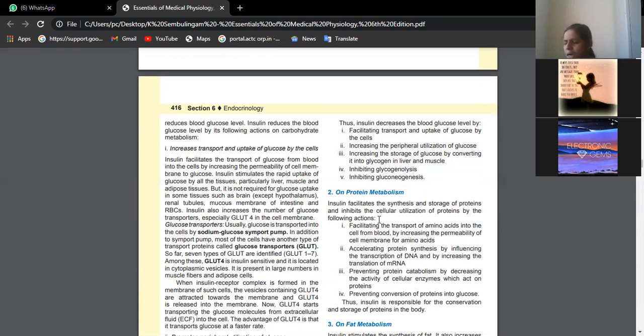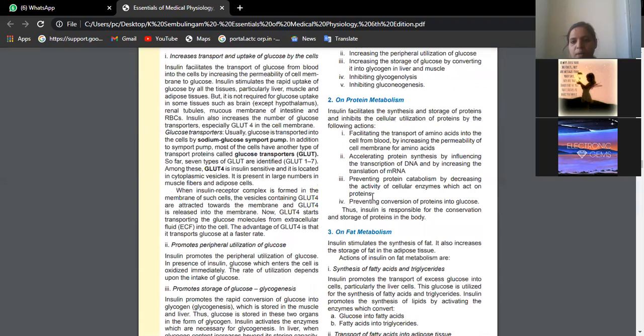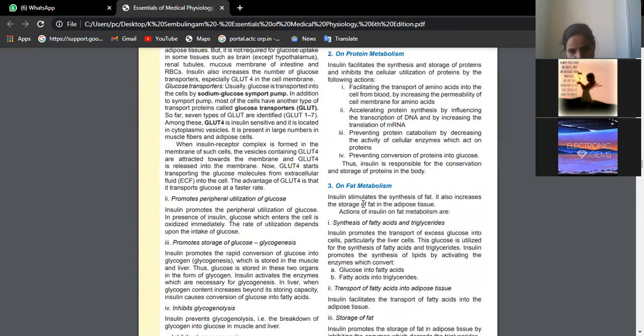That means it promotes replication, transcription, translation, promotes the protein synthesis, helps in the anabolism of protein. Similar type of functions you can write here for protein metabolism. Then on fat metabolism, it stimulates the synthesis of fats. It also increases the storage.